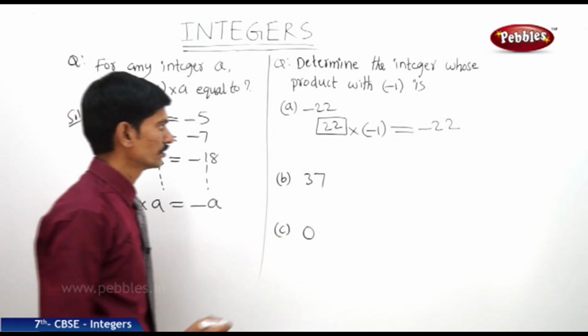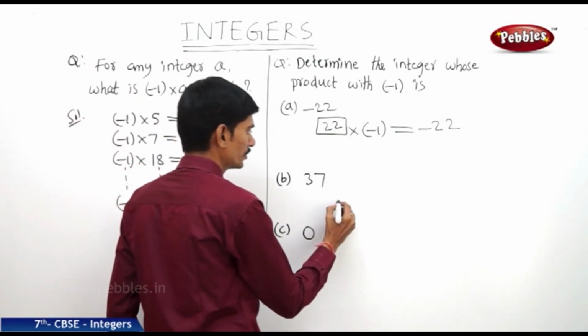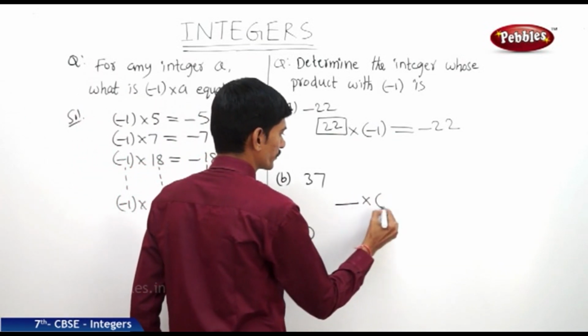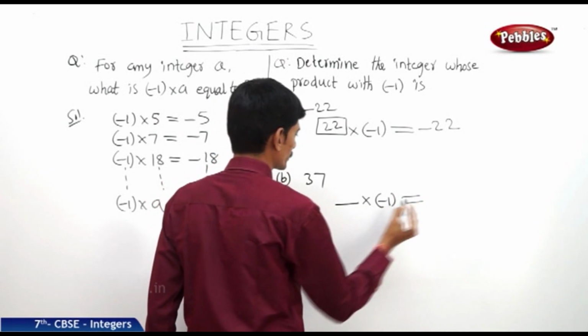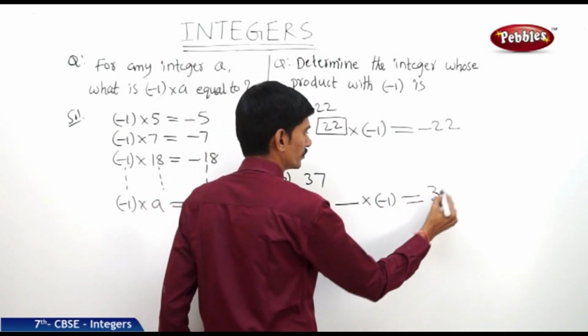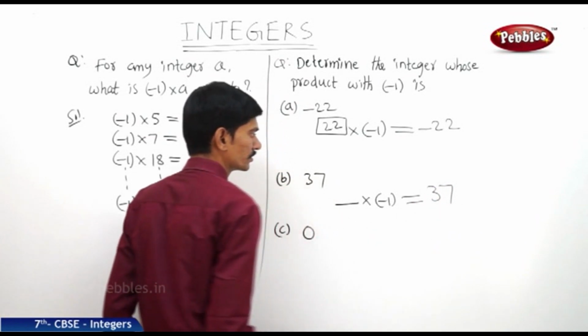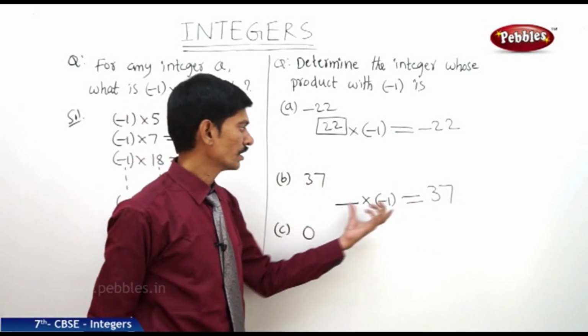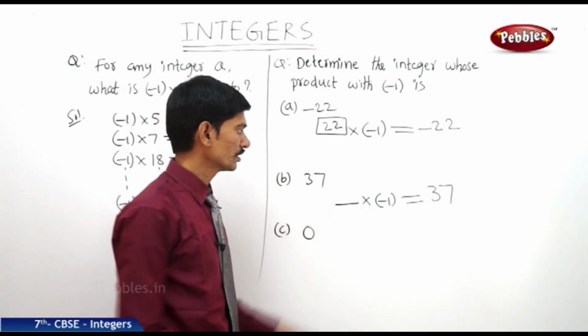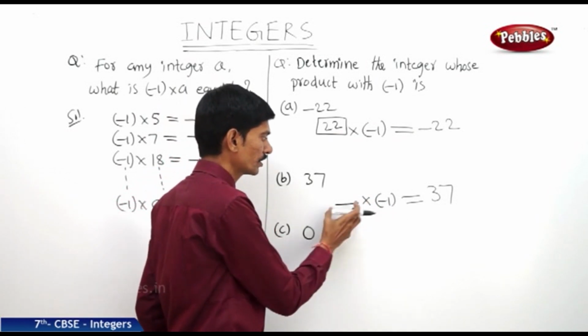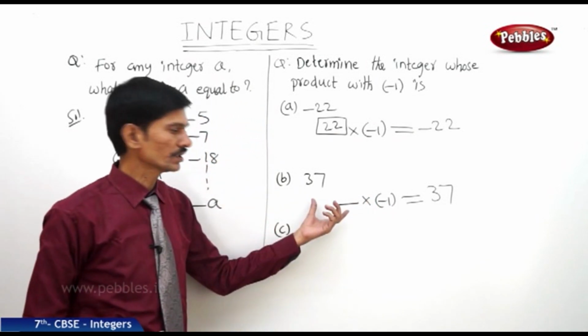Next question. Now what is the integer to be multiplied by minus 1 to get the product 37? As the product is a positive integer and in the given product one integer is negative, the other integer must be negative.